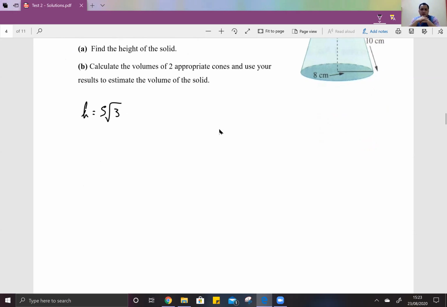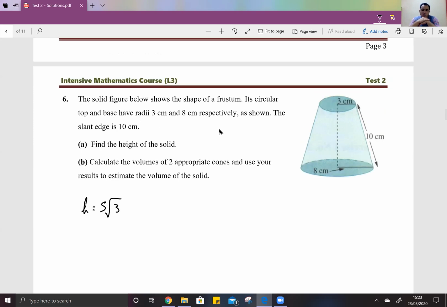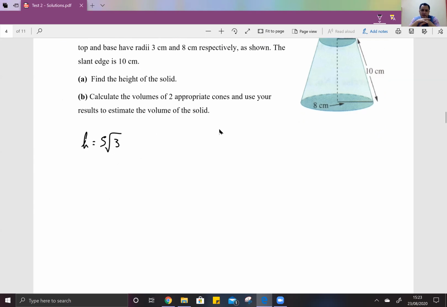Can you find the volume of this frustum? We know that how do you find the volume of a cone? It's just 1/3 times base area times height, right? Yeah. Okay. So we know the height of this h.